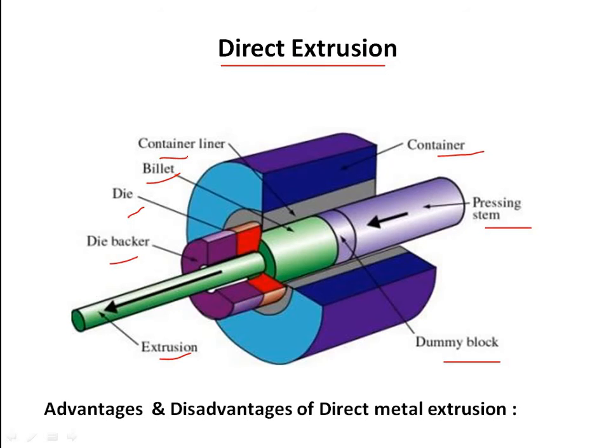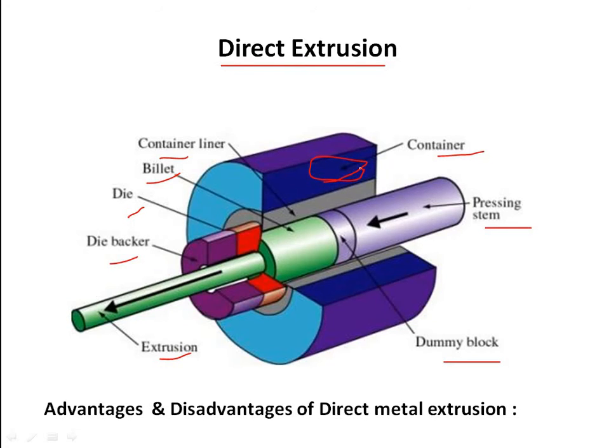So what is direct extrusion, sometimes called forward extrusion, is the most common type of extrusion. The process shown in this figure below begins by loading a heated billet into a press cavity container. In this container, you all can see this portion is the container.